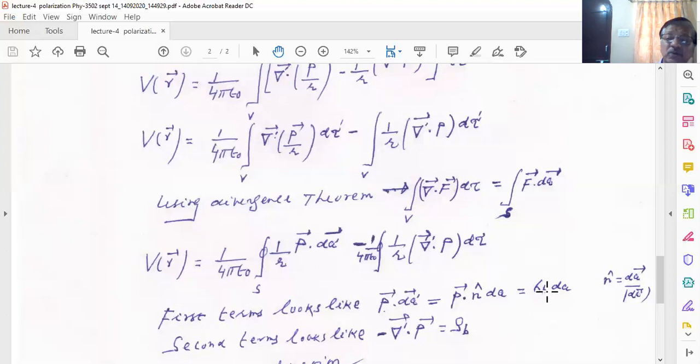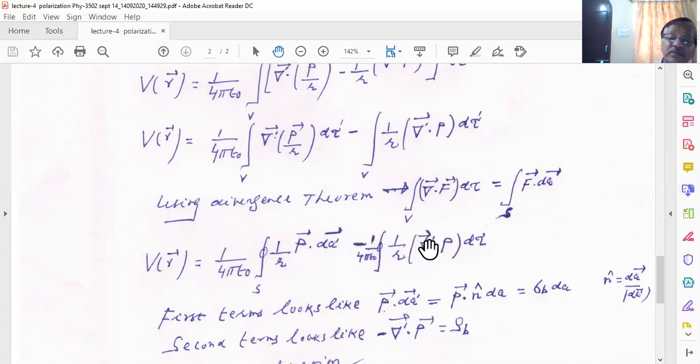Okay, so you can write down here minus divergence of P and rho b. We have calculated the volume charge density. The volume charge density rho b is always minus divergence of P, which we have calculated. I'm taking this minus sign here.